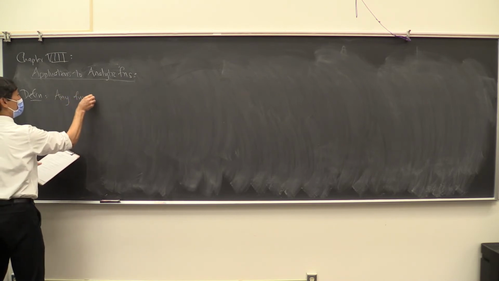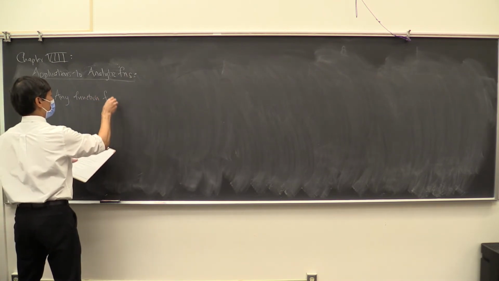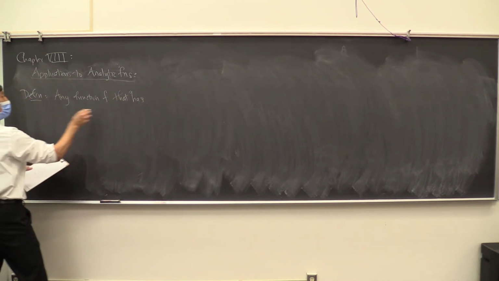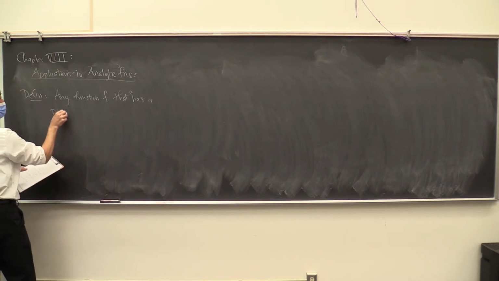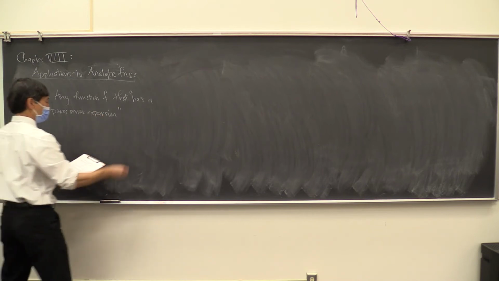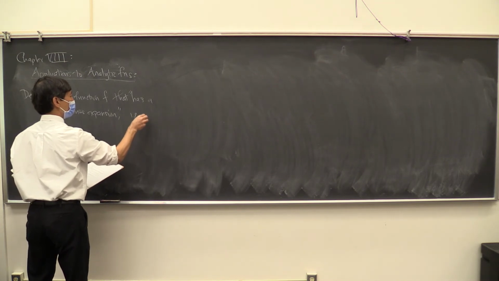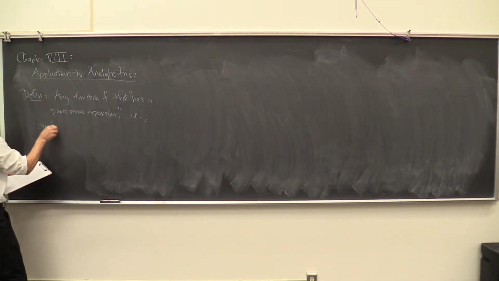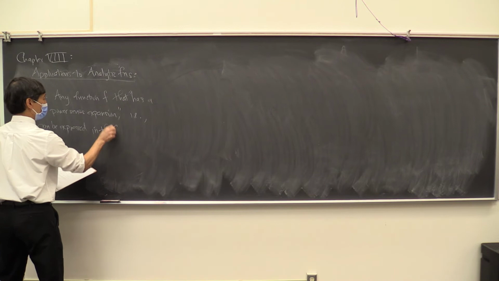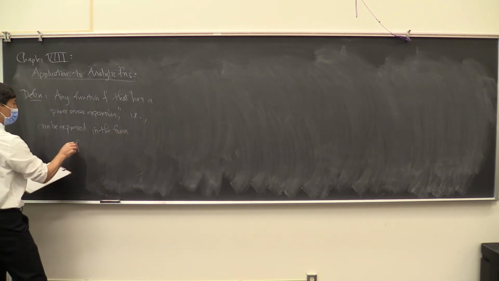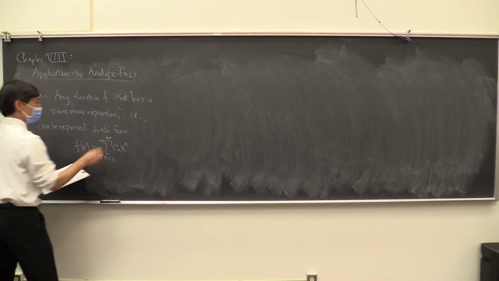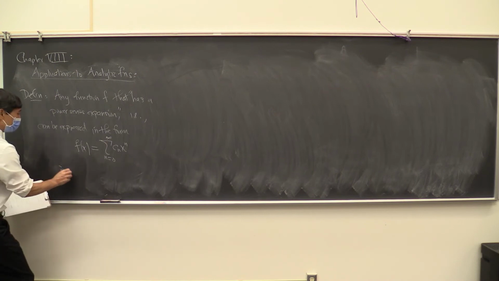Any function f that has a power series expansion, in other words, can be expressed in the form f of x equals summation c sub n x to the n from n equals 0 to infinity, is called an analytic function.